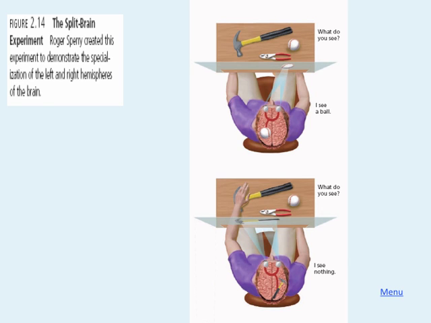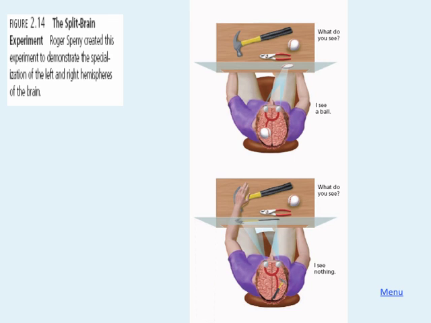Now here's one of the more interesting examples of left and right hemispheres. Roger Sperry is very heavily involved in the split brain experiments. He created this experiment to demonstrate the specialization of the left and right hemispheres of the brain. Now, in this person, the right brain has been split off.